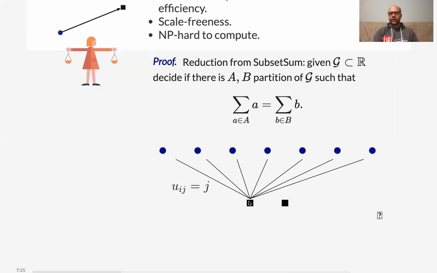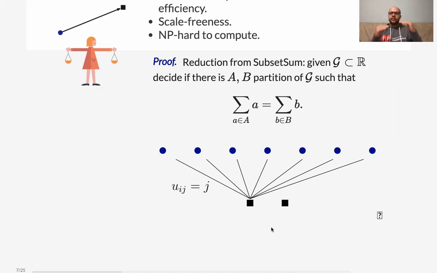And then we create two agents here, and both of the agents value a particular good exactly at the number that this good corresponds to. And then if you think about it, because you're trying to maximize the geometric mean, suppose that we have an optimum, and in the optimum both of these agents get the same total value, then we will have a yes answer to the subset sum problem.